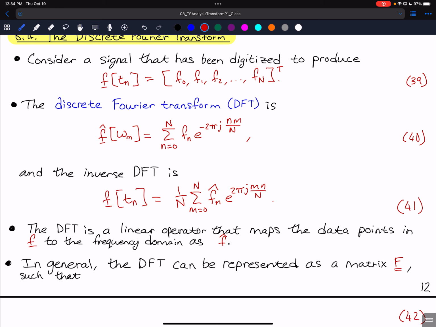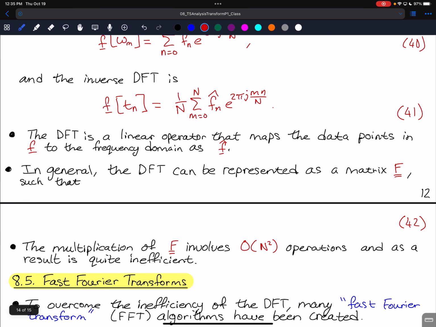Okay, so the DFT is just a linear operator that maps the data points in f, which is in the time domain, to the frequency domain, and we call that f hat. And we'll add a little vector there. In general, you can represent this discrete Fourier transform using a matrix.